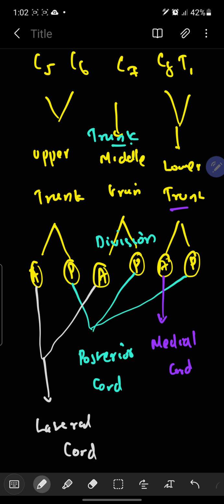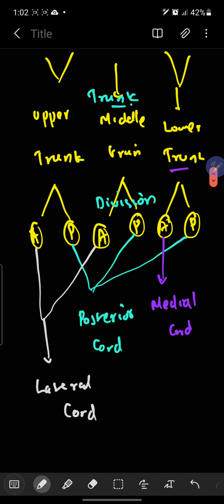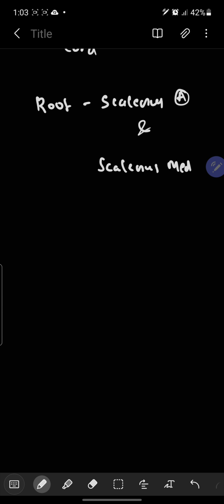Now there are several branches which are arising from many regions. So we will go into detail. Before that, the root is emerging between scalenus anterior and scalenus medius muscle.